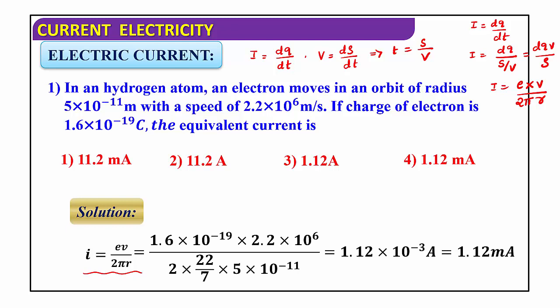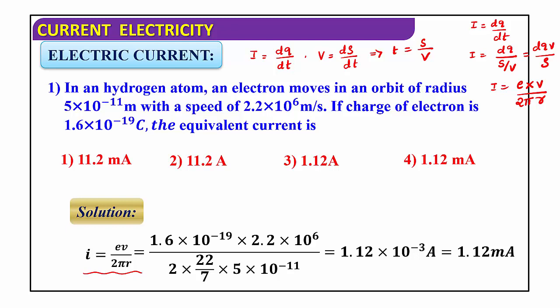Charge of the electron 1.6 into 10 raised to minus 19 coulomb into velocity, speed is given 2.2 into 10 raised to 6 meter per second divided by 2 into pi value is 22 by 7 into radius is given 5 into 10 raised to minus 11 meter. So you just calculate all these values.